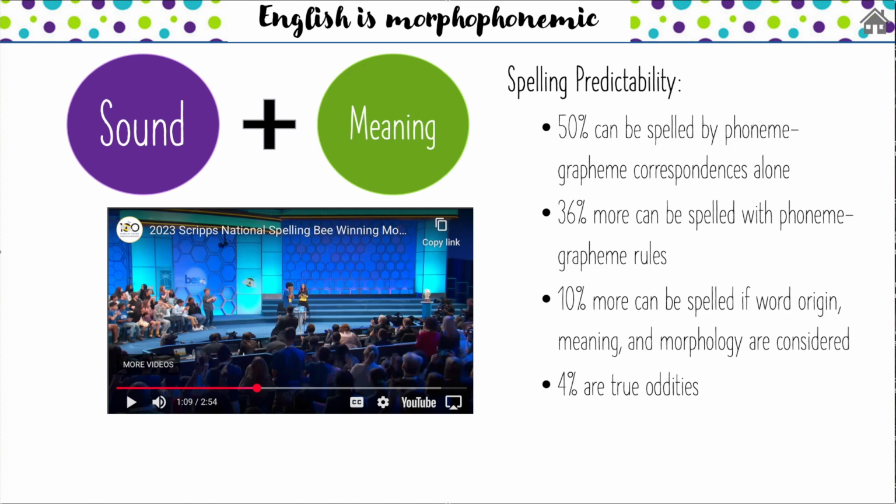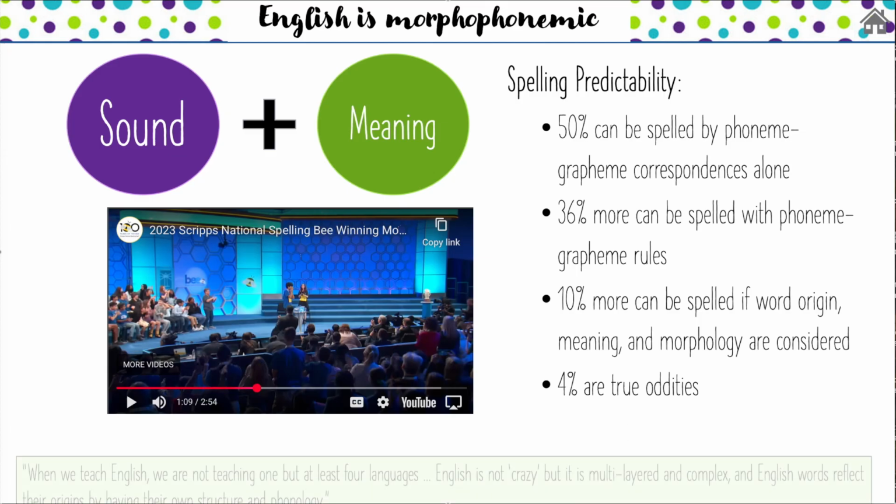And that code includes those rules, the one-to-one correspondence, and the morphology piece of that. Of course, when we get to those true oddities, we're going to want to use the heart pattern approach or just give them some kind of guidance. There's not a lot, so it doesn't leave us with a lot of memorization to occur.